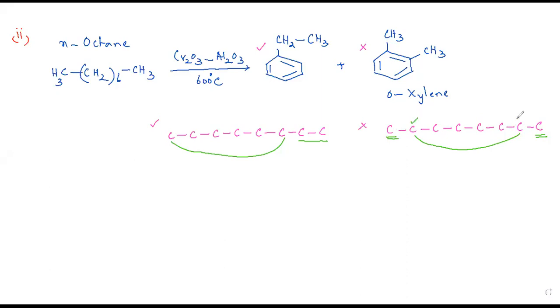These two, which have been attached and of course got connected, have substituents, that is a methyl group. So that is how you get 1,2-dimethylbenzene or orthoxylene, right?